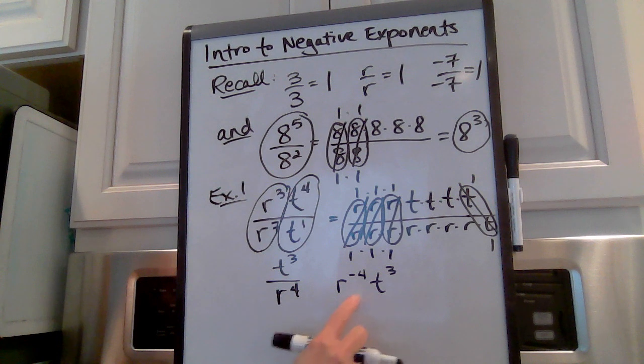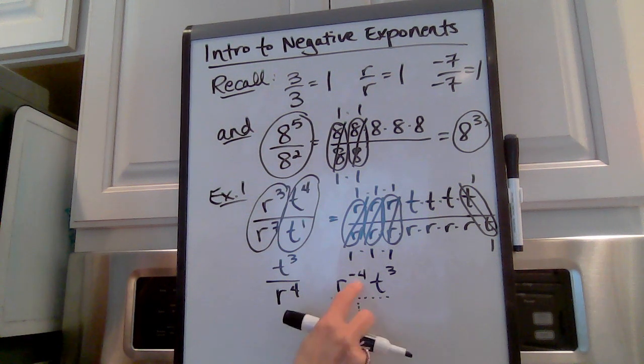So what this negative 4 is doing is it's telling you that there were more in the denominator, and that this base, r, actually belongs in the denominator. There were 4 more in the denominator. That negative 4 represents that it really belongs down here because there were more in the denominator.